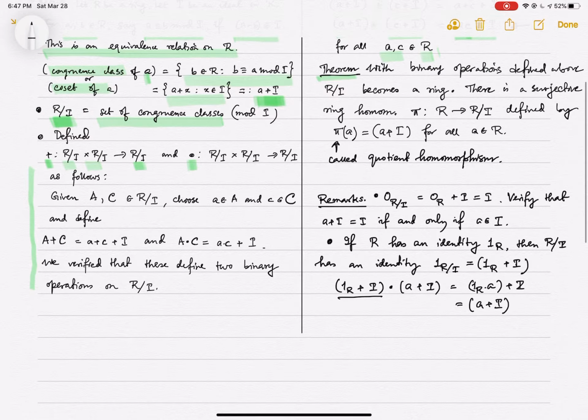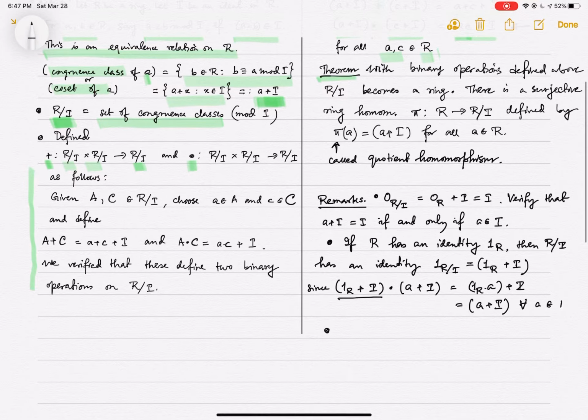And then finally, if R is commutative, then so is R mod I. R mod I is also commutative.